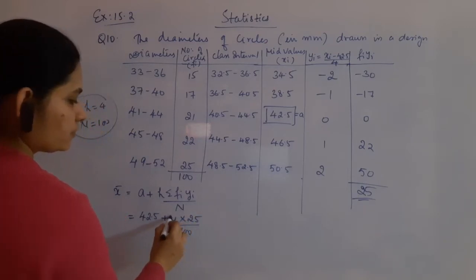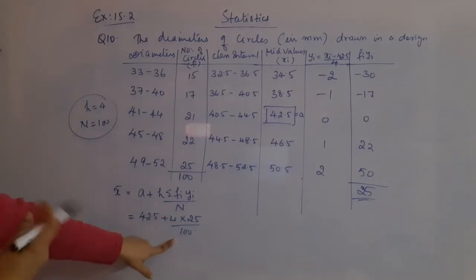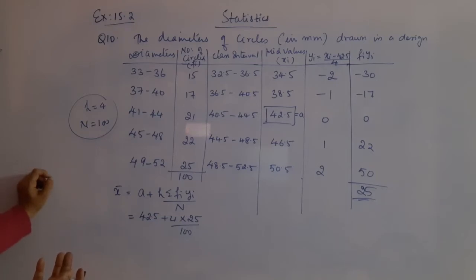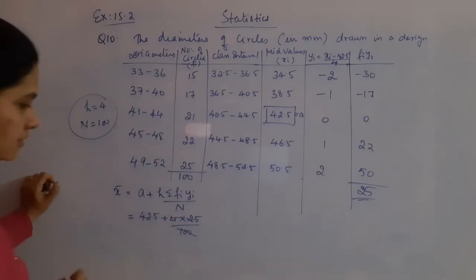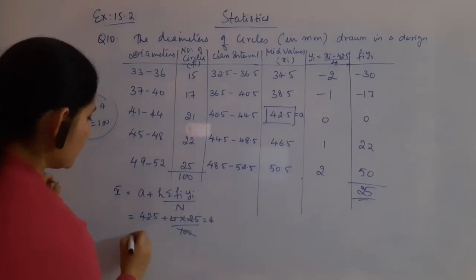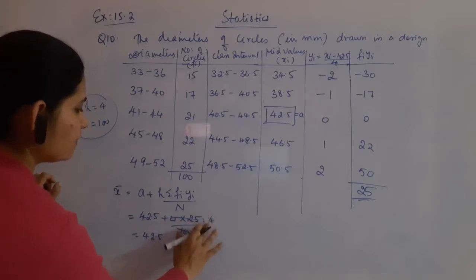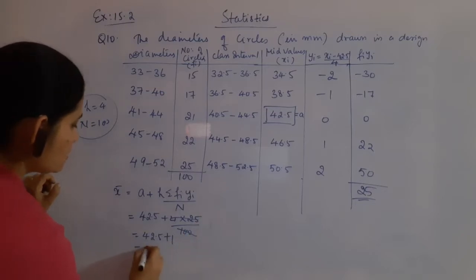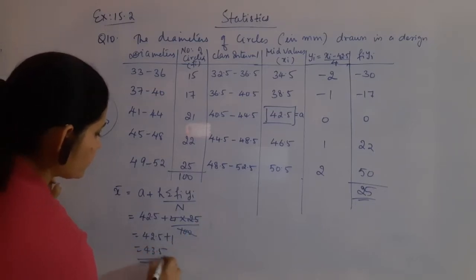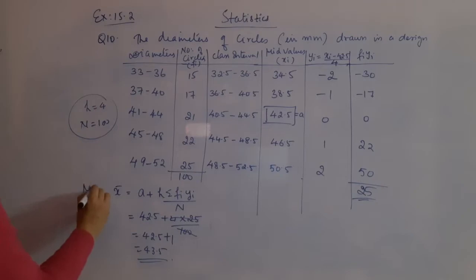So this will go 25 into 4, and 100 will go, and what is the value then? 1, okay, not 0. This is cut. So it is actually 42. In a hurry, don't write it as 42.5. This is 42.5 plus here 1. So it is 43.5. So this is your x bar or mean.